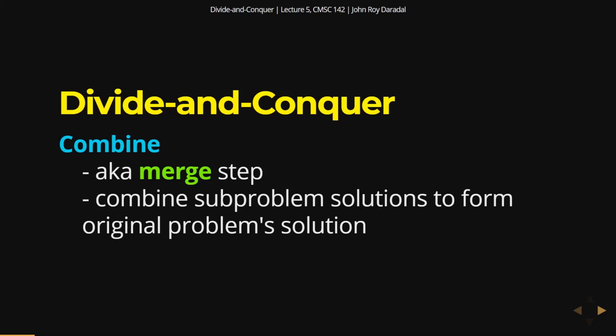So after solving the smaller sub-problems, you can combine their solutions to form the bigger solution, basically. Okay, so sometimes divide and conquer algorithms only have the divide and conquer step. Sometimes they don't have the merge step or the combine step.